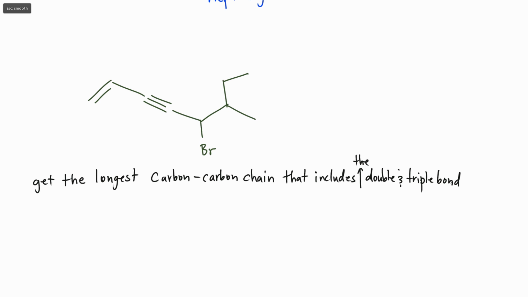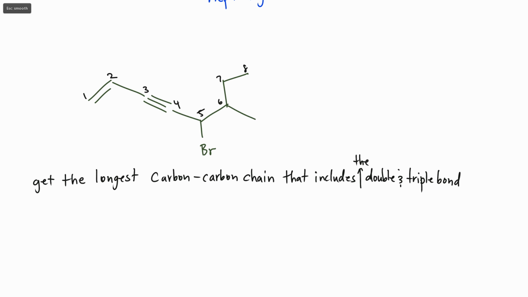So if I count this way, let's see what this gives me. 1, 2, 3, 4, 5, 6, 7, 8. That gives me 8 carbons.